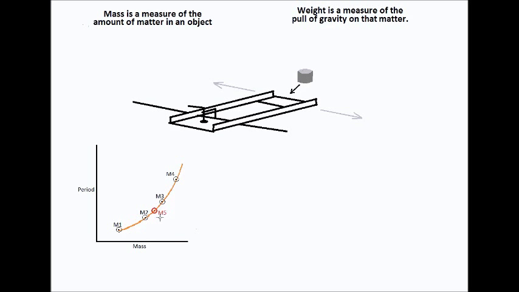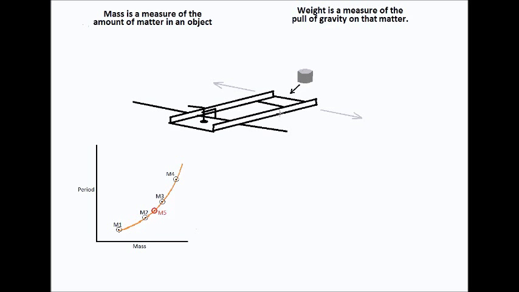This inertial balance does not depend on gravity. As a matter of fact, gravity acts in a downward direction, which is normal to the direction of oscillation of this inertial balance. So gravity has no effect on the reading of this balance, the mass measured by this balance.